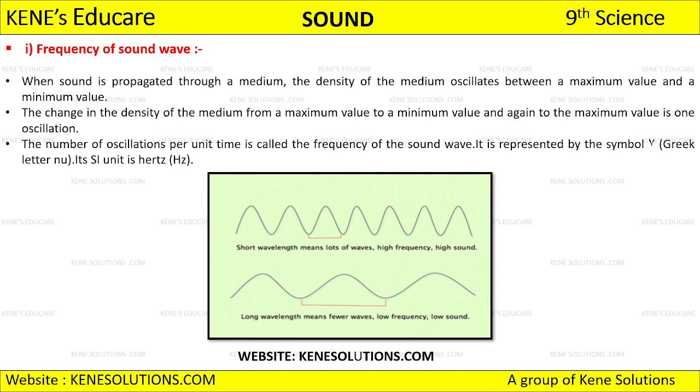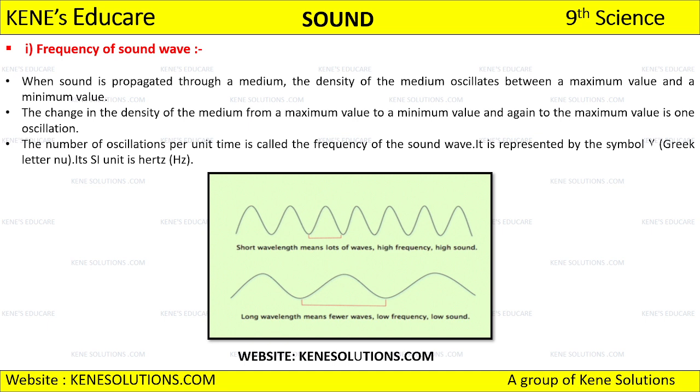The number of oscillations per unit time is called the frequency of the sound wave. What exactly is it called? It's called the frequency of the sound wave. Whatever number of oscillations are produced in unit time is called the frequency of the sound wave, and we represent that by the symbol nu.